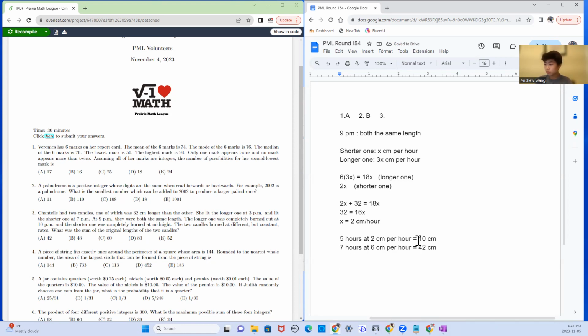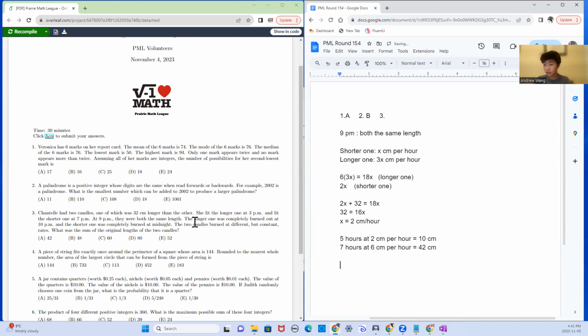So these two would be the lengths of the original candles. The initial length of the longer candle was 42 centimeters, and the initial length of the shorter candle was 10 centimeters. And you can see there's a difference of 32.